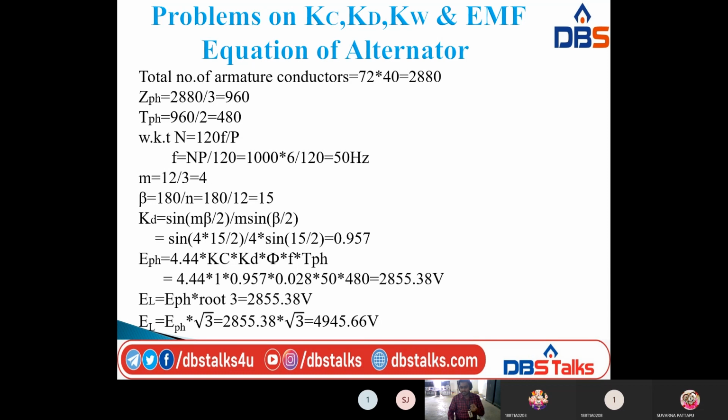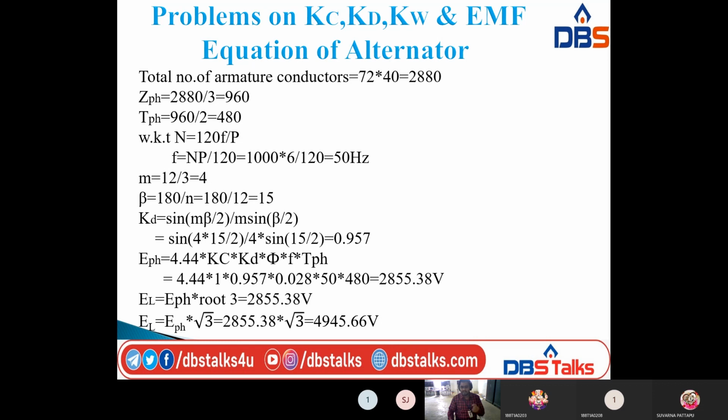After calculating the distribution factor, we calculate the phase voltage, that is equal to 4.44 into kc kd phi into f into t phase. The coil span factor is 1, the distribution factor is 0.957, the flux already given is 0.028, the calculated frequency is 50, and I already calculated T phase as 480.